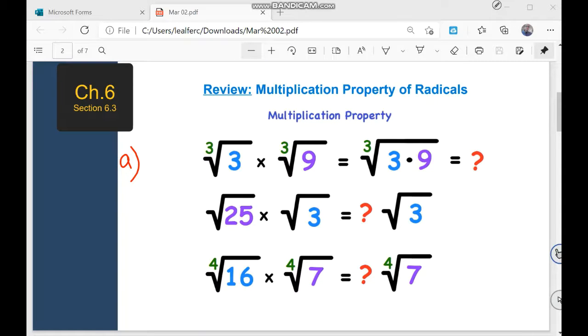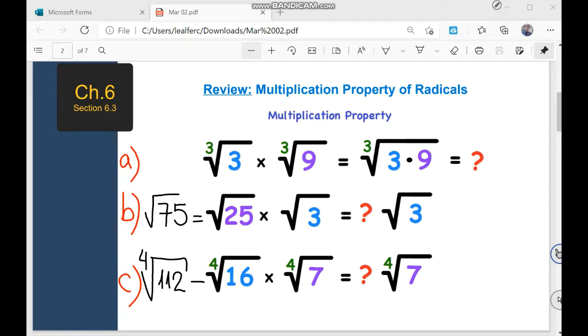Letter B, we are splitting, and what is missing here is: the square root of 75 equals the square root of 25 times the square root of 3. And letter C, we are also splitting the fourth root of 112, which equals the fourth root of 16 times the fourth root of 7.